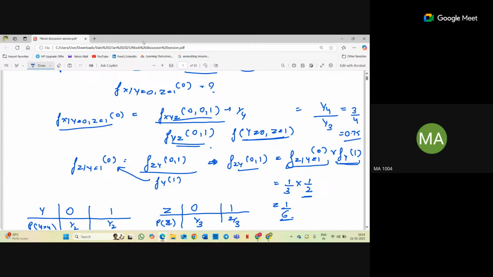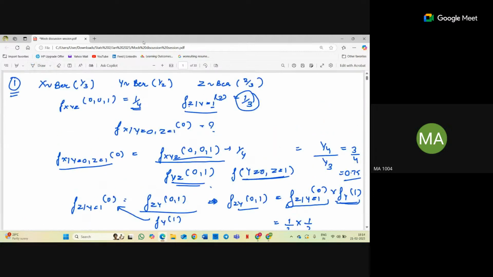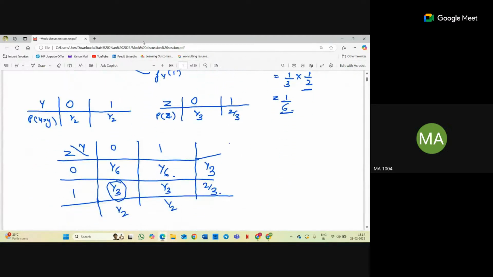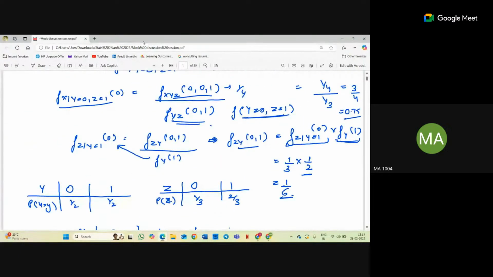To calculate the joint PMF, from the values that we have been given, we have to find out the values of z and y when it is 0 and 1. With the help of that, we made a joint PMF. Then from that joint PMF, we took the value of y equals to 0 and z equals to 1. So you have to go step by step. What are the values that you have been given and what are the values that you have to find? Got my point?